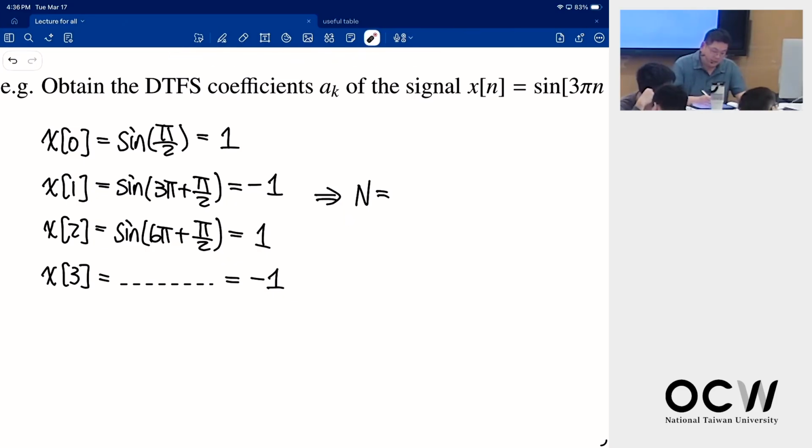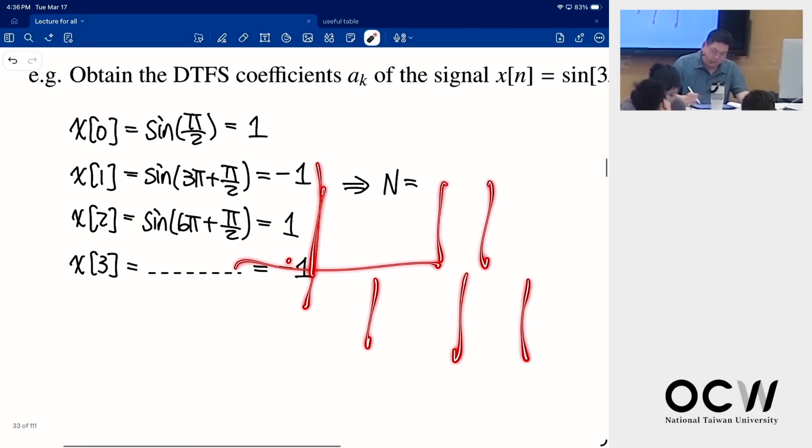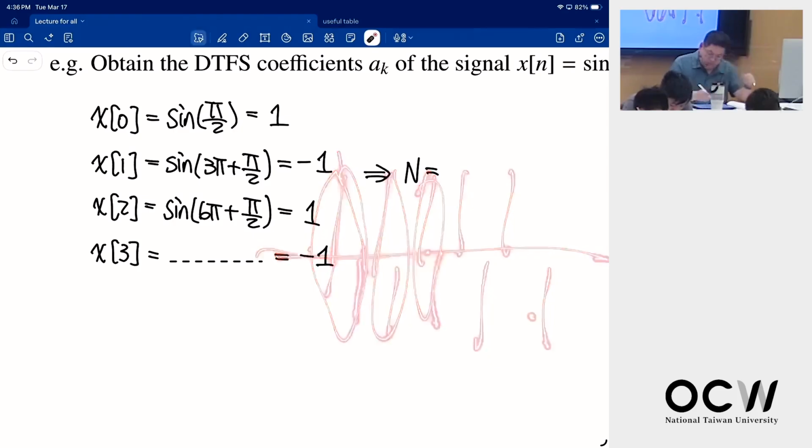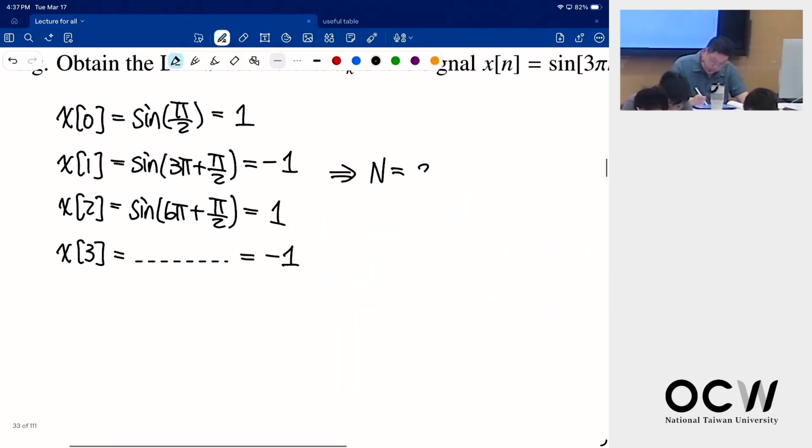Now here it is 1, minus 1, and then you go to 1. 1 minus 1, 1 minus 1, 1 minus 1. Yeah, so the fundamental period is 2. Then the frequency is pi, the fundamental frequency.